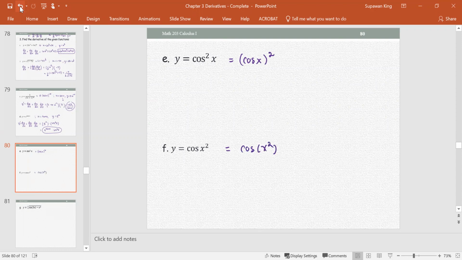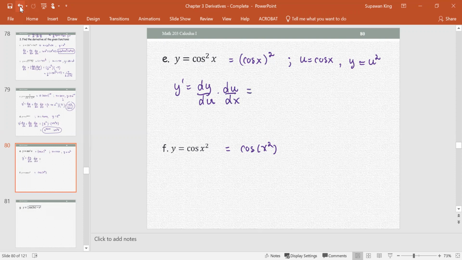In part E, as y equals cosine x quantity power 2, let u, the inner function, be cosine x. That gives us y equals u to the second. To find y prime, take the product of the derivative of y with respect to u and the derivative of u with respect to x.